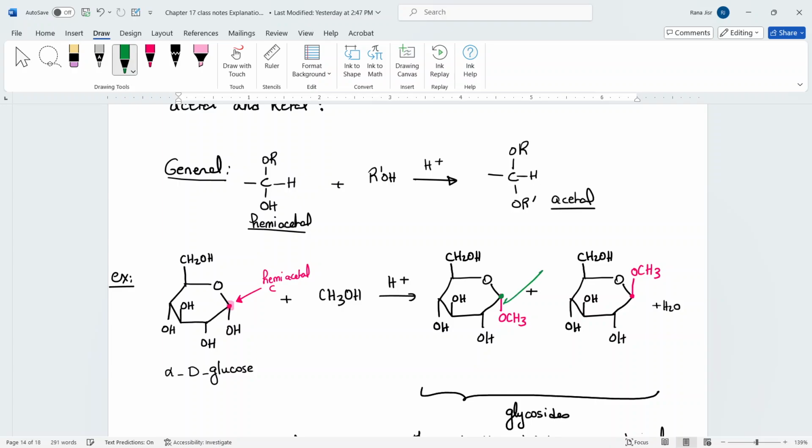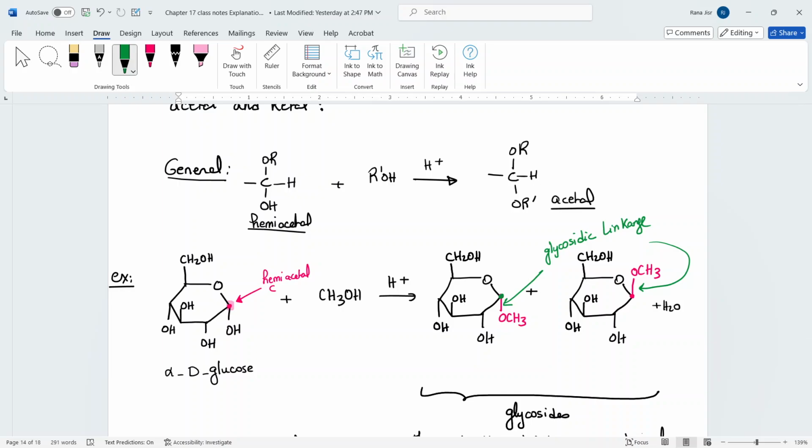Let's put it over here. So this bond is called a glycosidic linkage. Same thing for this bond there. Whenever I want to name this structure, I'm going to start by naming the R that is connected to the oxygen first.